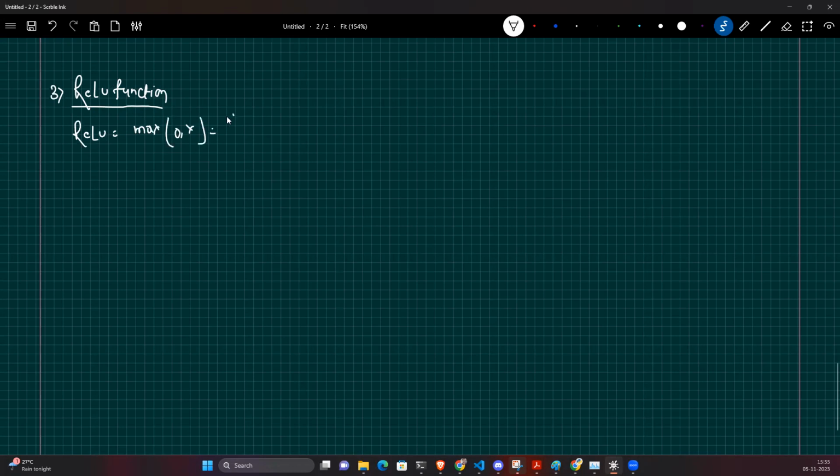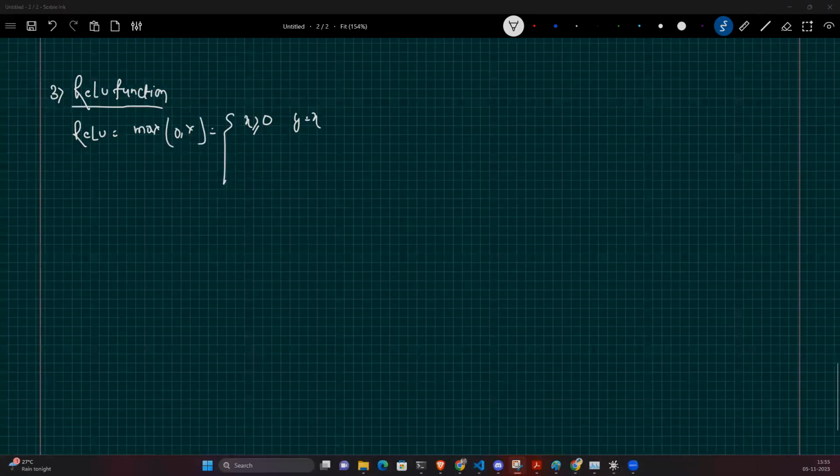So what do you mean by this? If your input is above 0, meaning x is greater than or equal to 0, then the output will be what? The output will be x. No. Just let me draw this diagram, then I can explain. First draw the diagram so that you can understand what I am trying to say here.